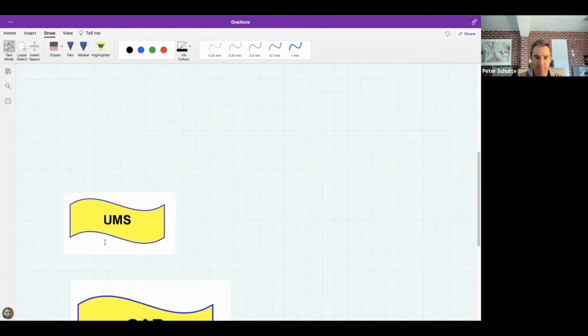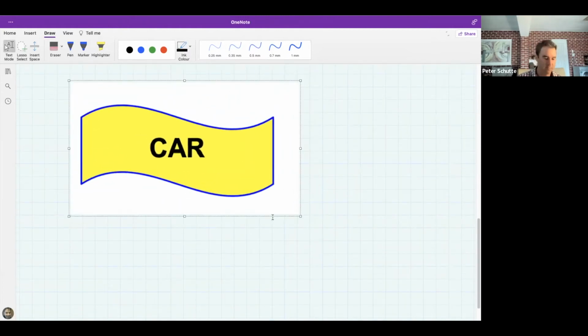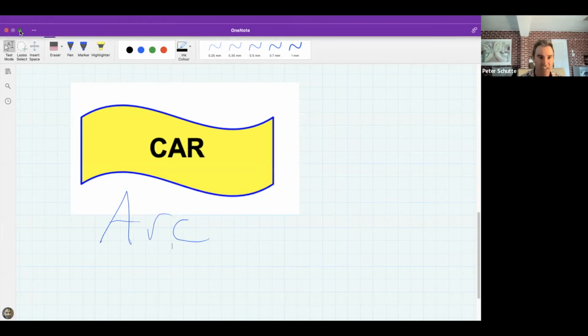Okay, here's another one. Tell me what the mathematical word for this one is. What is the mathematical word for that one? Okay, so the mathematical word is arc.